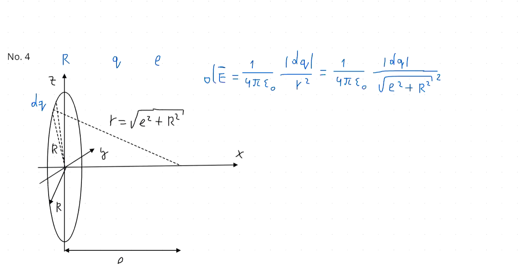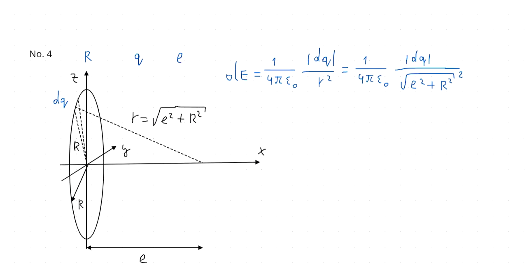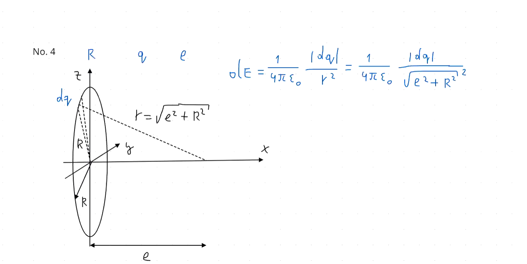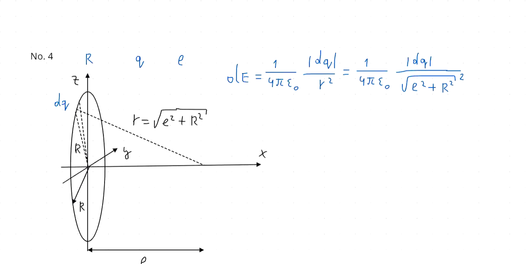It is necessary to remove this vector above the E, above electric field intensity. Okay, so the electric field intensity vector that is produced by charge dq can be drawn in this way.